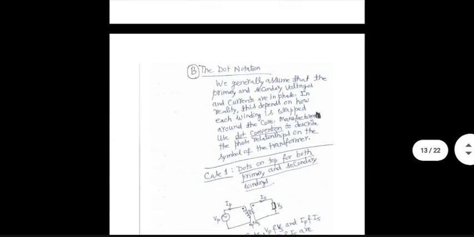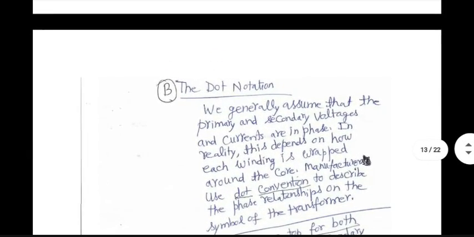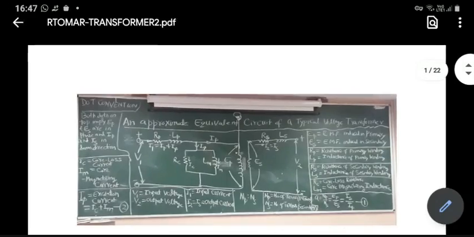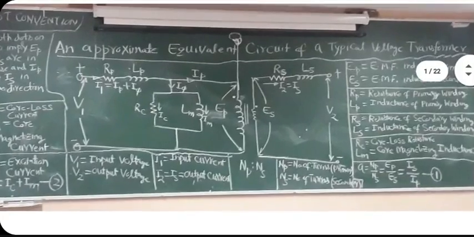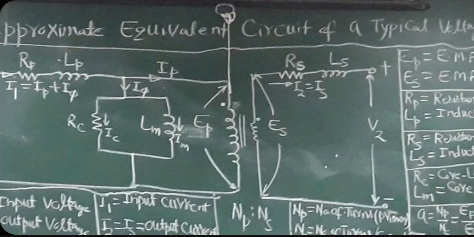Next one. There's no numerical problem. In fact, I want to talk about dot convention. I had told you last time also that manufacturers show dots in the schematic of the transformer.